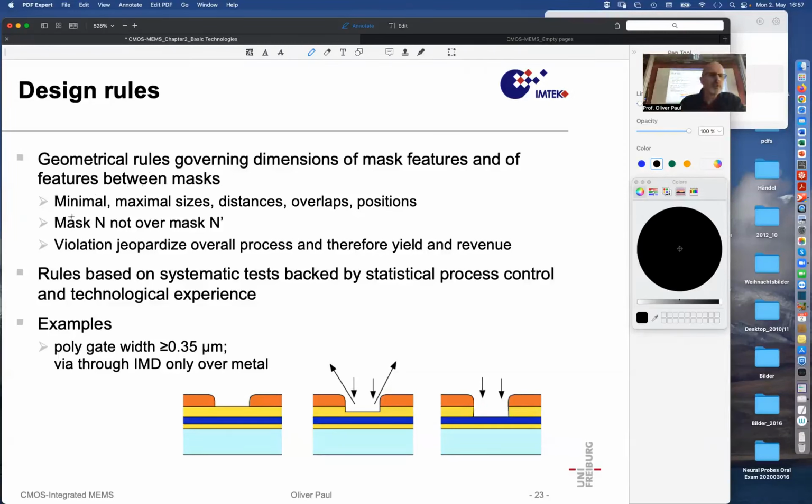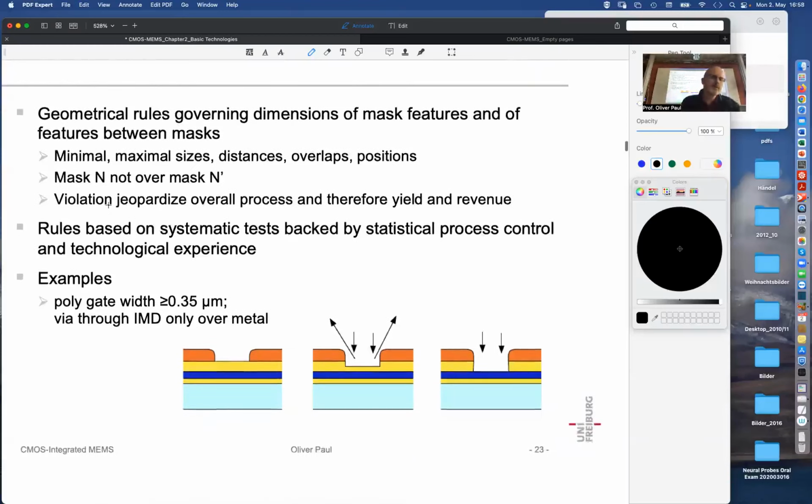So these design rules may be concerned with minimal dimensions that should not be exceeded, or maximal sizes, or distances between structures, or overlaps of masks that must happen or must not happen, positions, and so on.